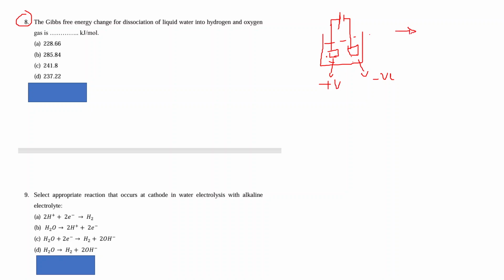An external source of energy, in terms of heat energy. It may be in terms of heat energy, it may be in terms of electrical energy. Basically these two types of energy are required to split the water.